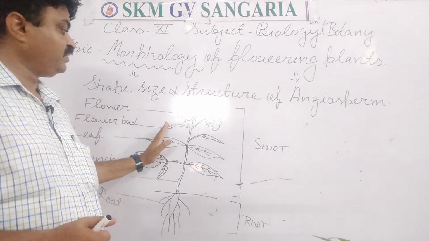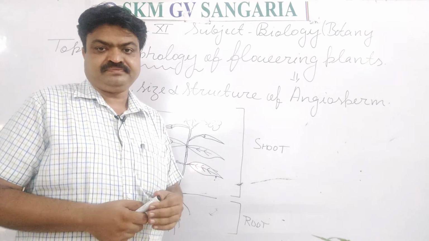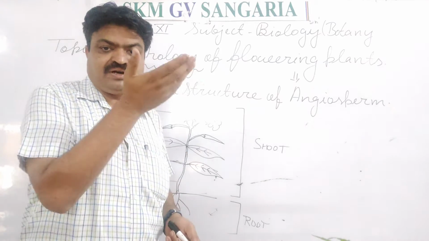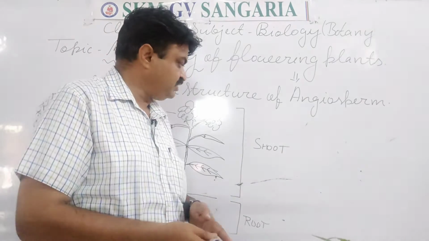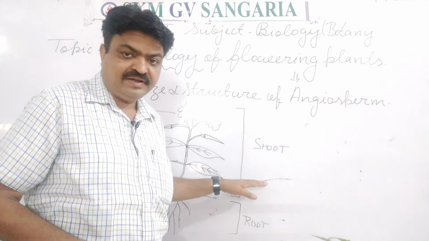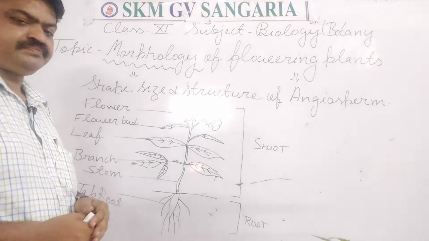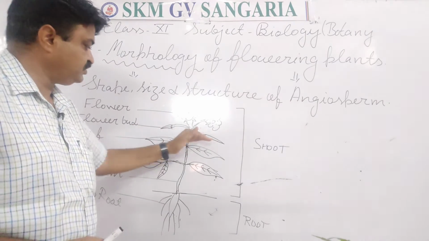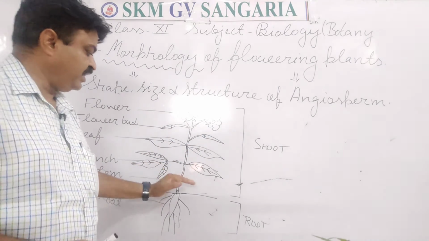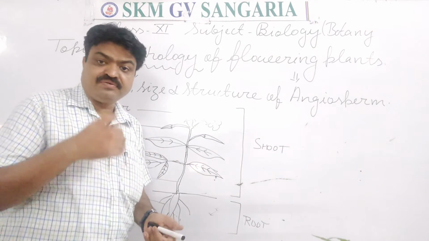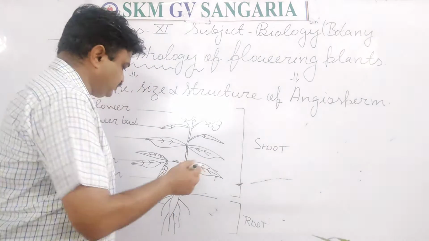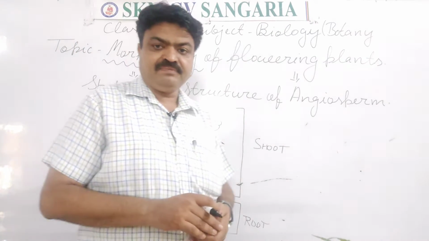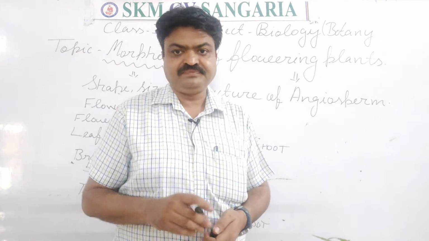Now the shoot has different parts. The part of the plant that is found above the ground is known as shoot, and it has different parts like flower bud, fruits, leaves, branches and stem, or the twigs. These are the twigs, students, from which the leaves are connected with the parts of the plant.